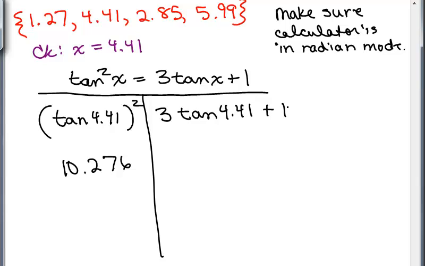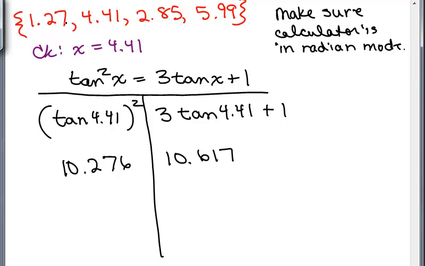Make sure you're doing your order of operations very carefully when you are using your calculator. 3 times the tangent of 4.41, and then add 1, or you could write 1 plus 3 tangent of 4.41, and I got 10.617. So we're off, but we're in the same ballpark. You can't tell for sure, but this gives you an idea. If this was 10 and this other one was 5.3, that's really far off. But here at least the whole number part is correct.